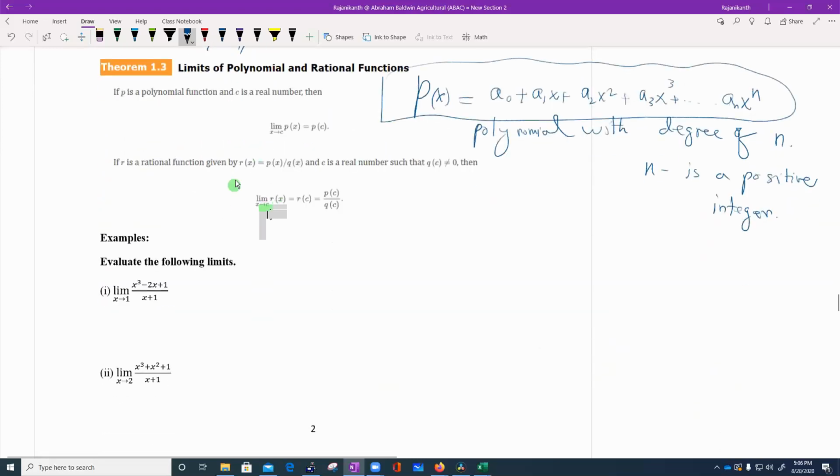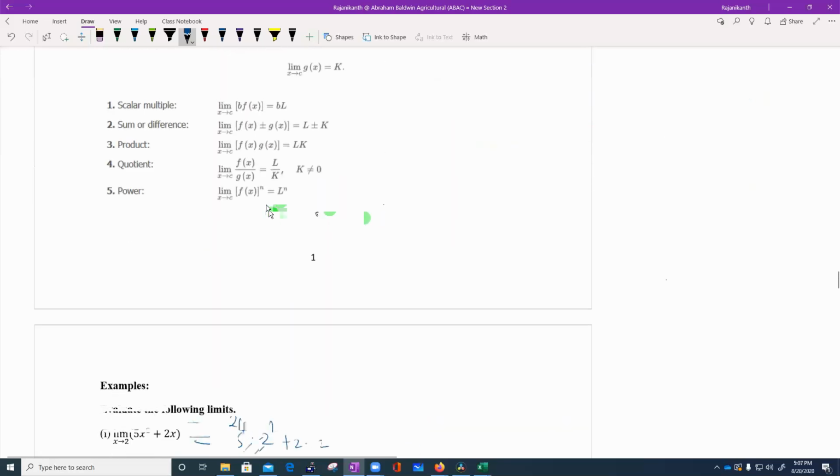Okay. So now the second property says that suppose you are given two polynomials. Remember here, if R is a rational function given by Px over Qx, where Px and Qx are polynomials, so two polynomial functions are given, but you are dividing Px by Qx. Then what is the limit value? Again, like earlier we had fx over gx, the same type of property.